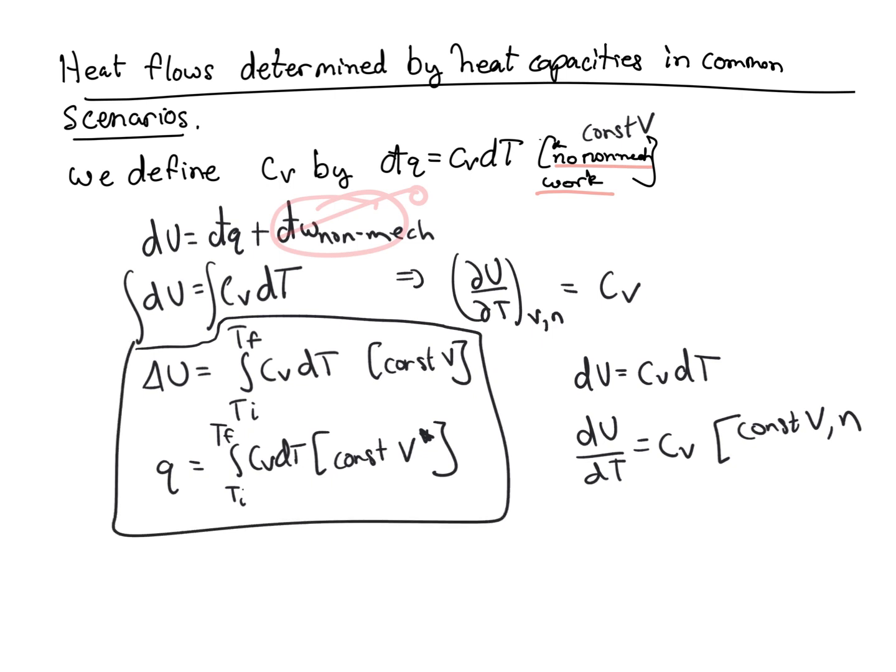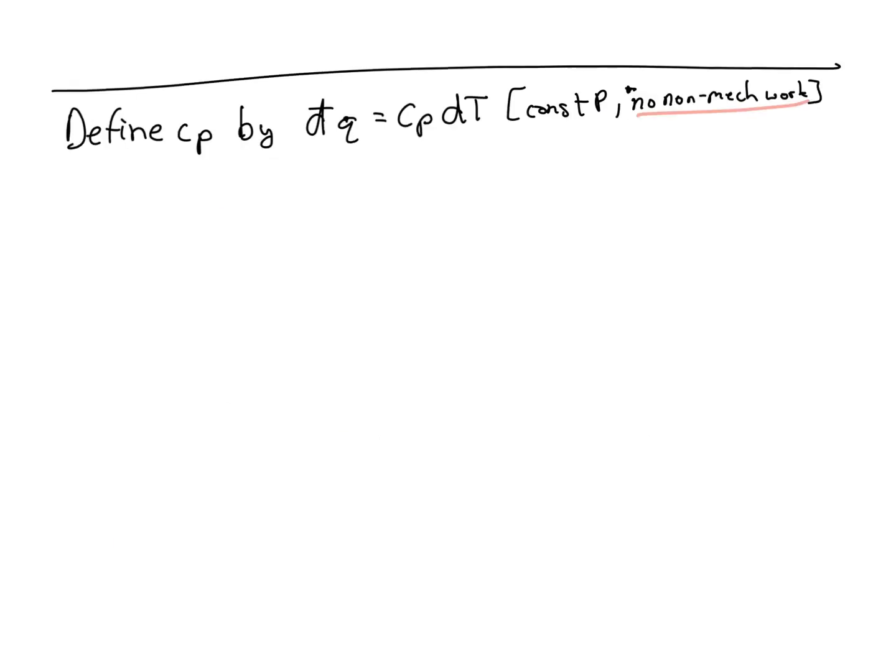So the heat capacities are really useful. If we're changing temperature at constant volume, we can use the heat capacity to get delta U. In the exact same way, if we use this definition of Cp in terms of the amount of heat at constant pressure with no non-mechanical work, we get the exact same result. dH is d bar Q plus d bar work non-mechanical.